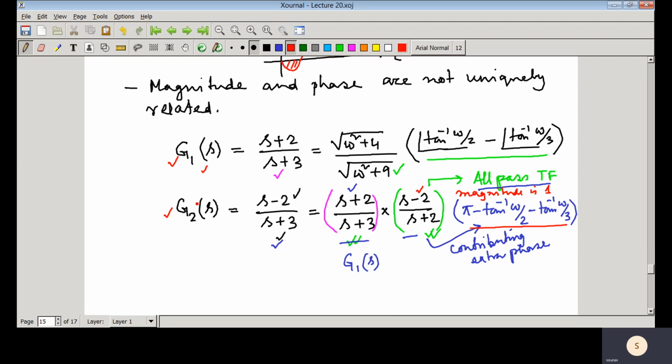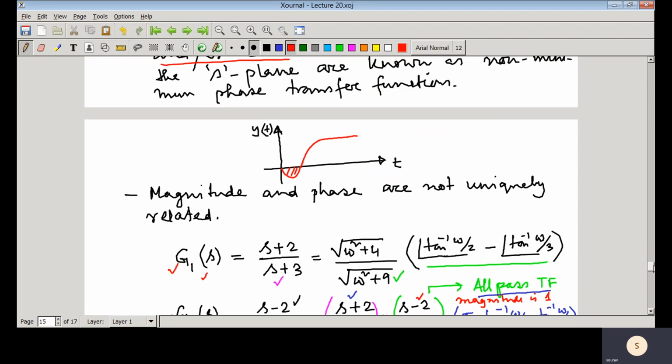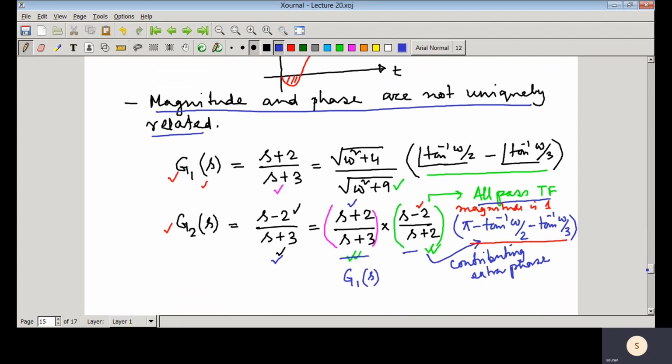That's why G1 is a minimum phase system, but G2(s) is not, it is called a non-minimum phase system. That's why the name is non-minimum phase system. In case of a non-minimum phase system, magnitude and phase are not uniquely related, because you can add some more all-pass terms to G2(s), and the magnitude remains the same, but the phase would be different.